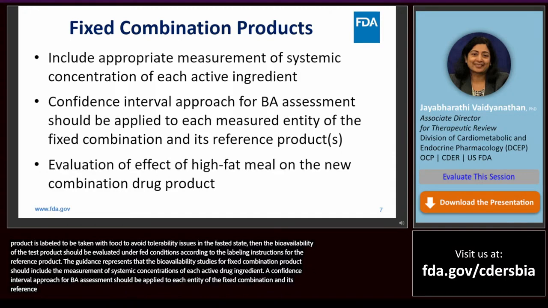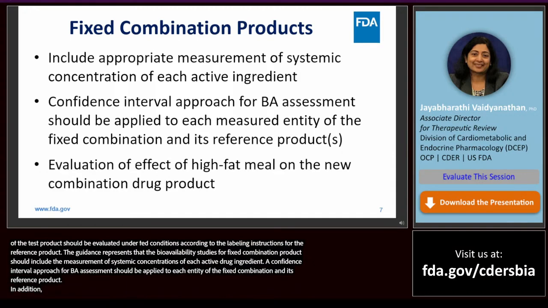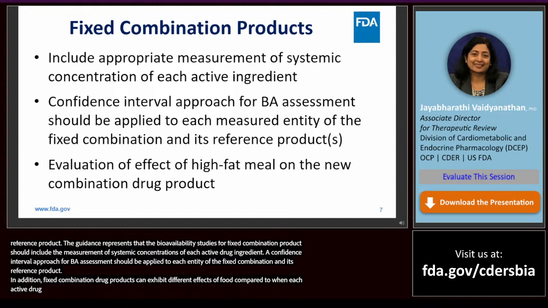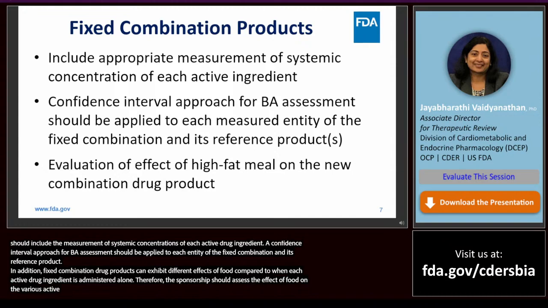In addition, fixed combination drug products can exhibit different effects of food compared to when each active drug ingredient is administered alone. Therefore, the sponsor should assess the effect of food on the various active ingredients of the fixed combination drug product after administration of the combination drug product.